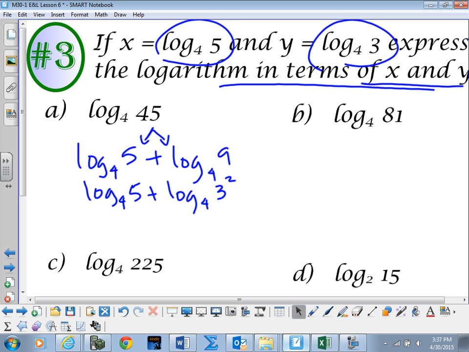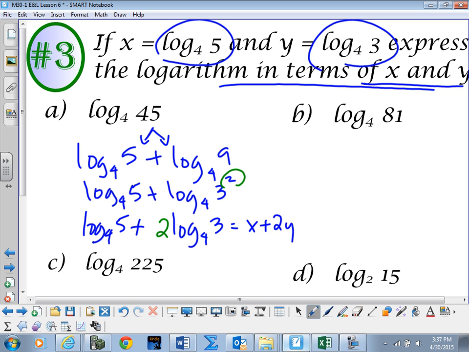So I know this is equal to x. This is almost equal to y, except there is an exponent of 2 here, which I can bring out to the front and write this as log base 4 of 5 plus 2 log base 4 of 3. Now I know that this expression is equivalent to x plus 2y. Kind of neat how we separated that into x and y.